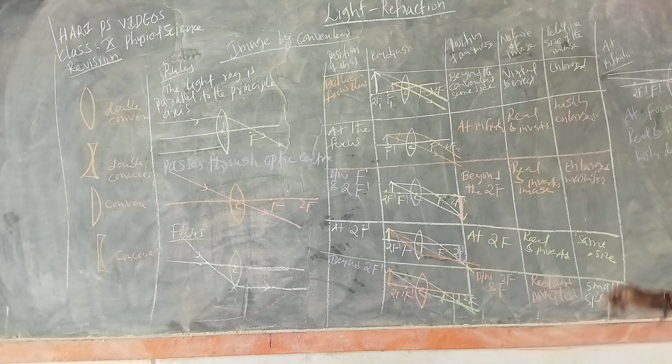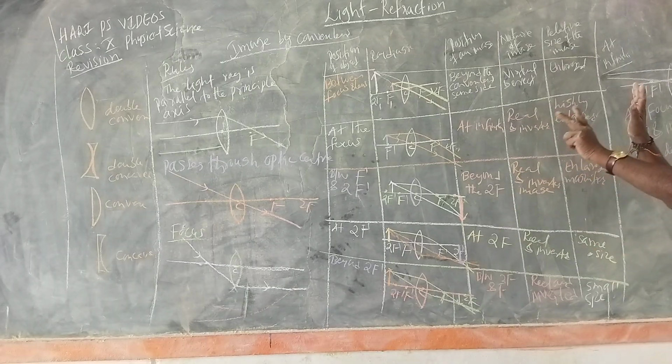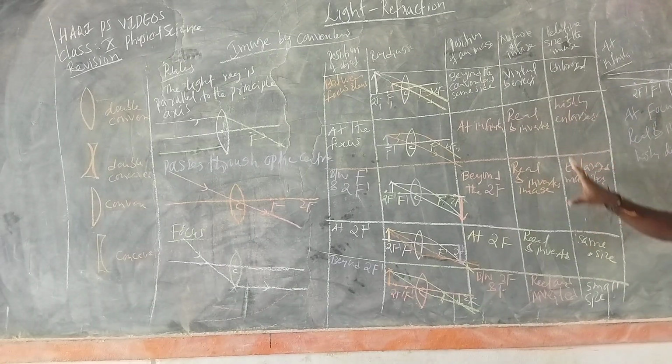So in this way, we have to interlink the diagrams and the positions of the object and the image. When you know the complete picture in tabular form, sometimes an examination asks you to fill in the table.